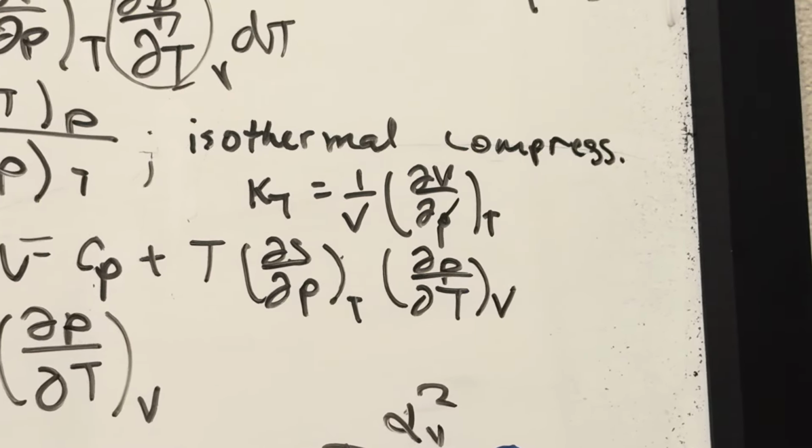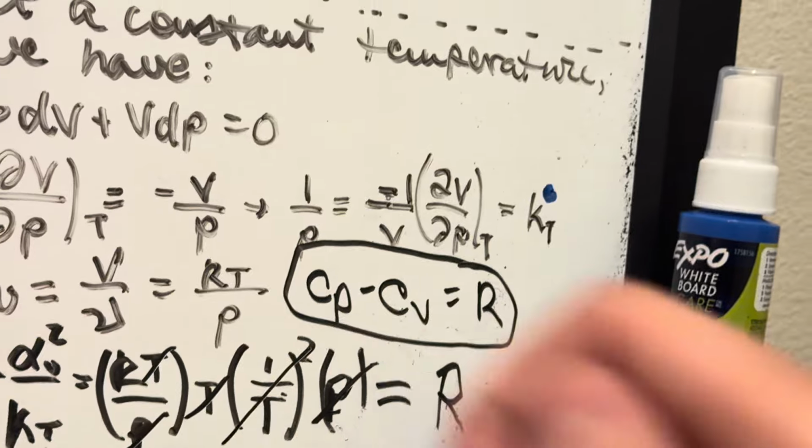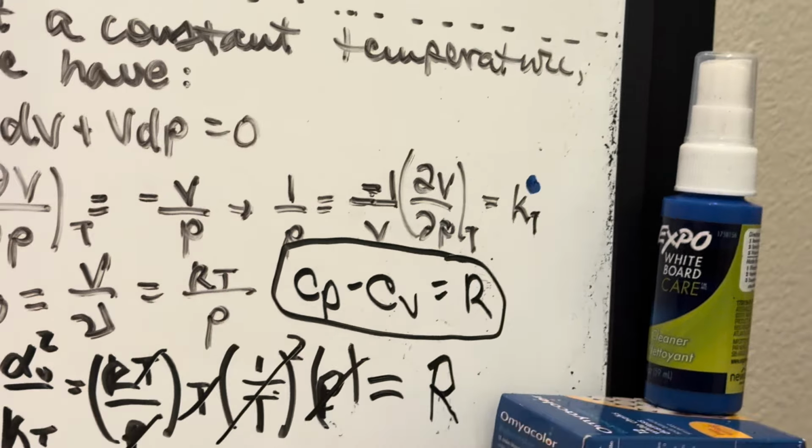that gives us back our gas constant R. But ultimately, all that shows is that Cp minus Cv is equal to R. That was the main point of doing that particular example with the ideal gas law.